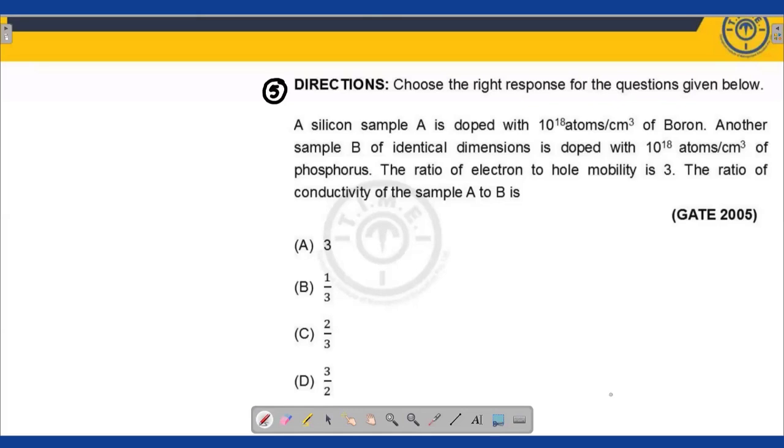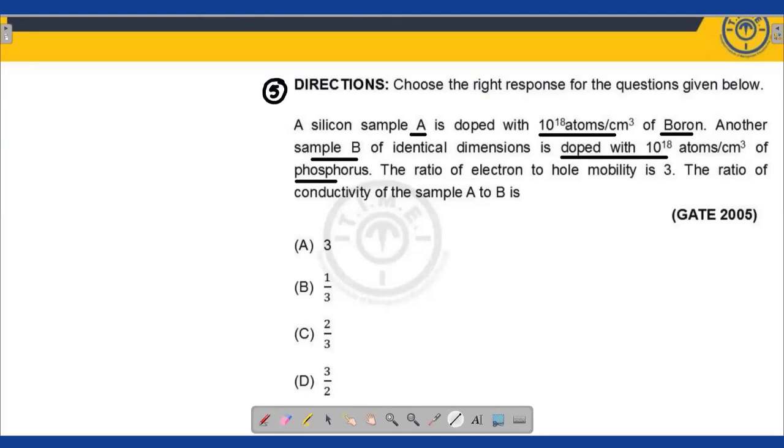Now, here, the silicon sample A is doped with 10 power 18 atoms per centimeter cube of boron. Another sample B of identical dimensions is doped with 10 power 18 per centimeter cube of phosphorus.